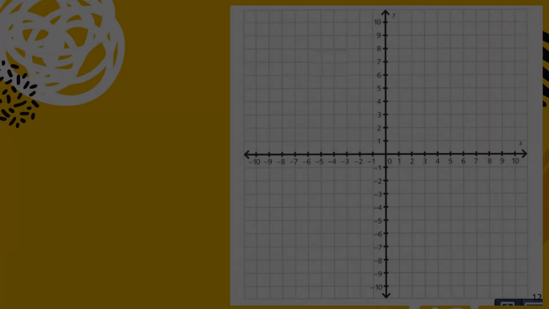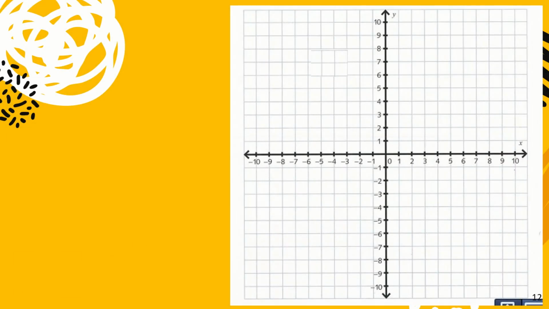Yes! This time, we are asked to plot the givens in our Cartesian plane. If we have m as negative 3 and b as positive 7, the first thing to do is to focus on our y-intercept and rewrite it as an ordered pair. If we're going to rewrite a y-intercept into an ordered pair, don't forget to set x as 0.